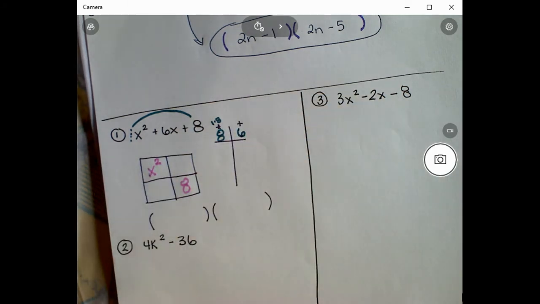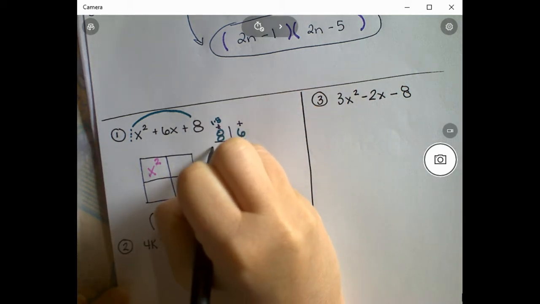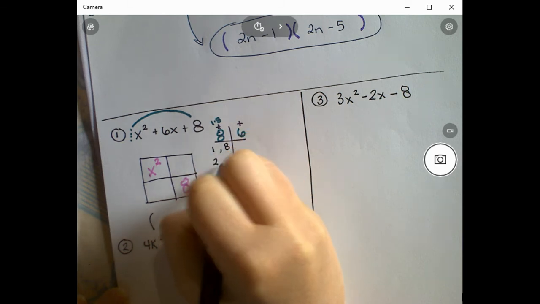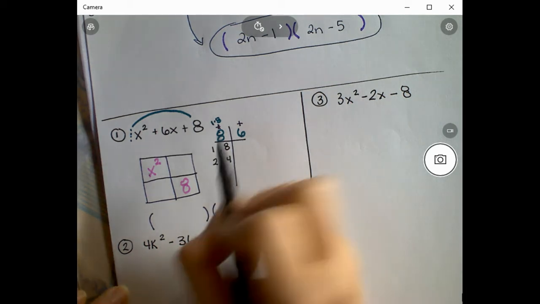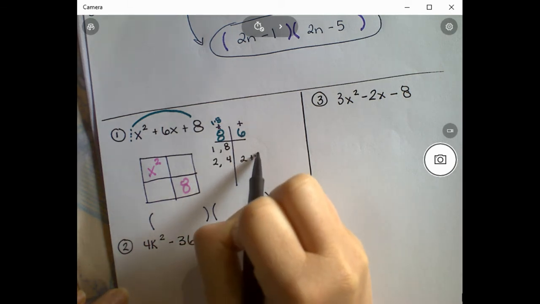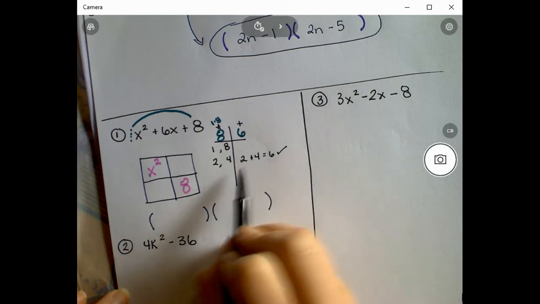So we want numbers that will multiply to equal 8 and add up to 6. The factors of 8: 1 and 8, 2 and 4. And you could do -1 and -8, or -2 and -4. This is positive. 2 plus 4 equals 6. That's what we want. Okay, this one works.